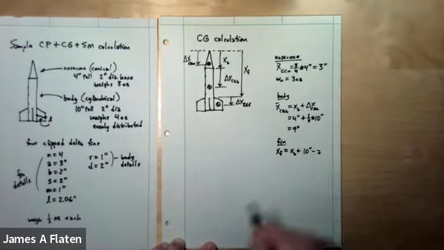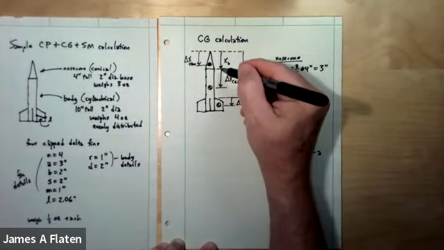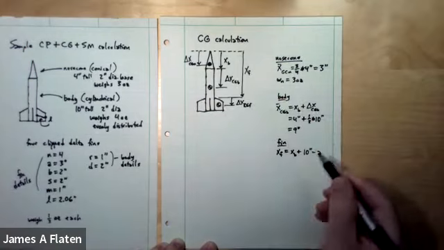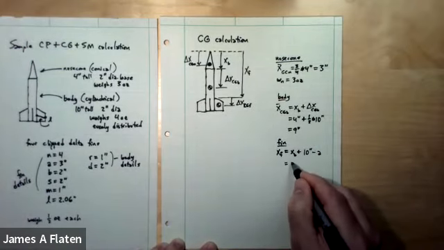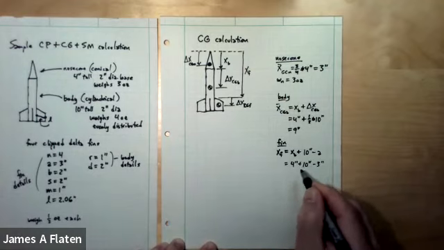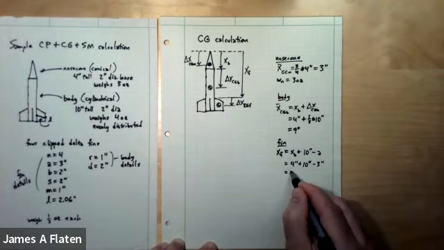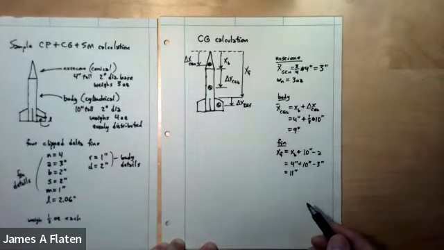I just didn't bother assigning a variable to the length of the body. A is the fin length, so xb plus 10 inches minus a would get me to there. That's fine. So this is 4 inches plus 10 inches minus 3 inches, which is 11 inches. That's how far it is to get from here down to there.